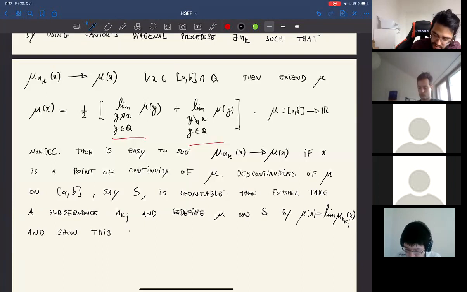That means that now we converge on S, and it will converge on the other points as well. So now show this is the mu we want.